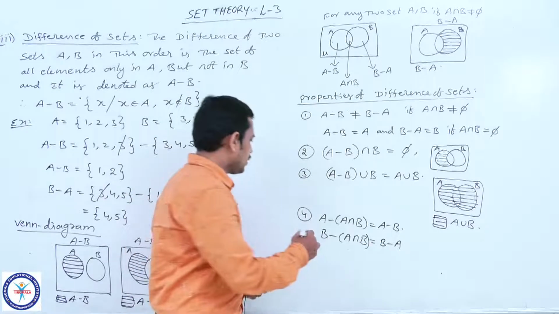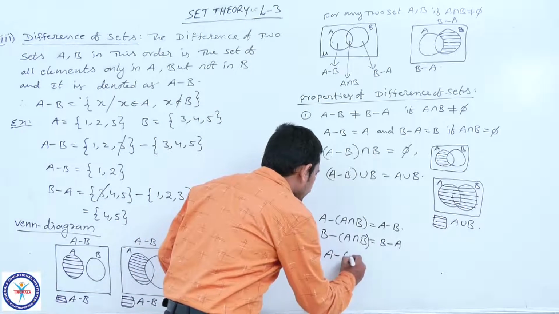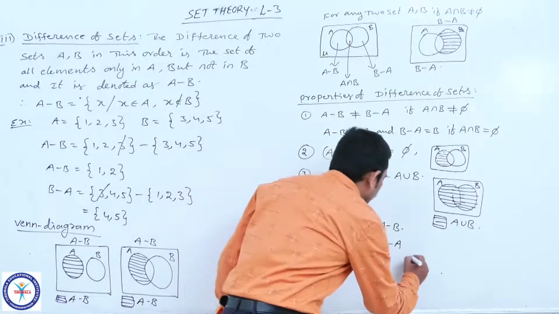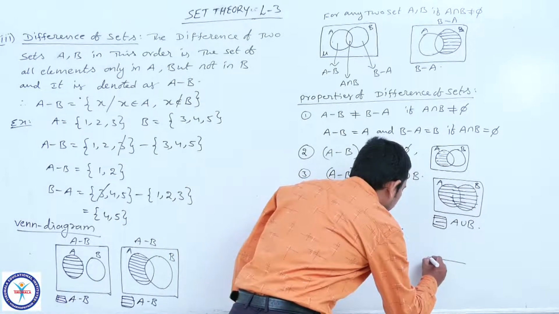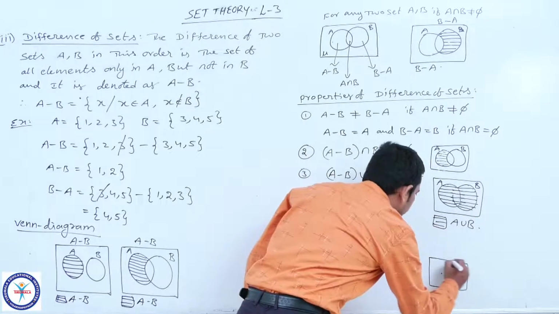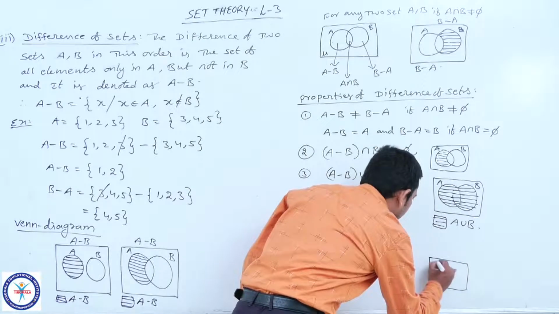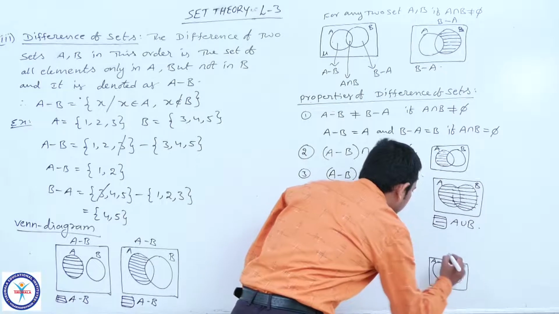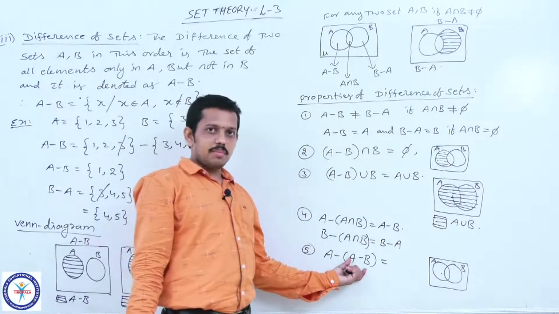The next one is A minus of A minus B. What is the region of A minus of A minus B? This is set A and this is set B. What is A minus B?